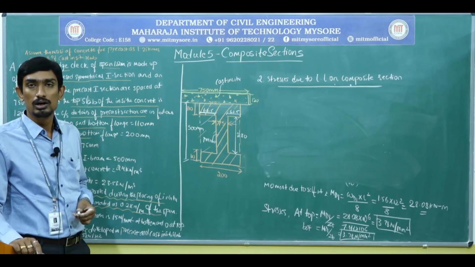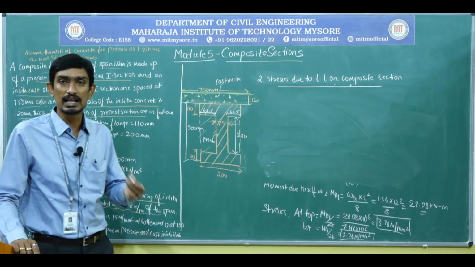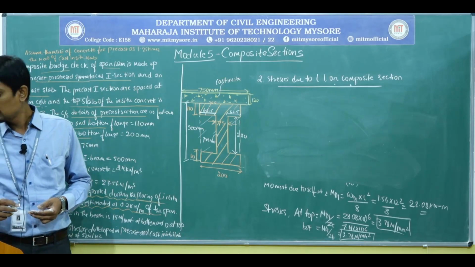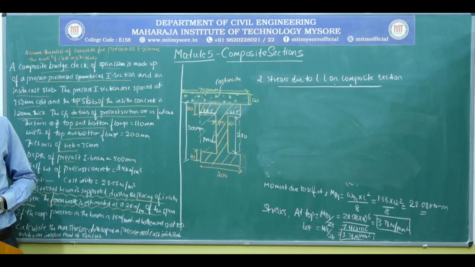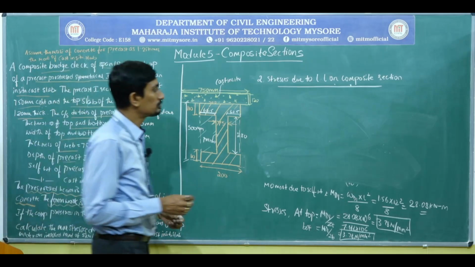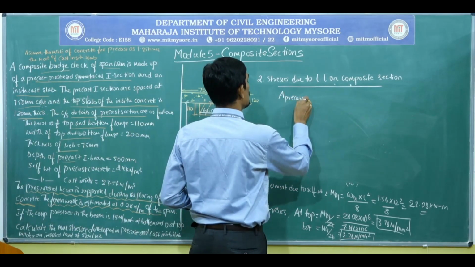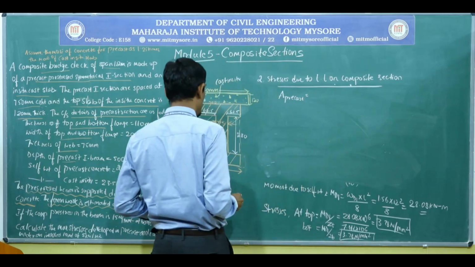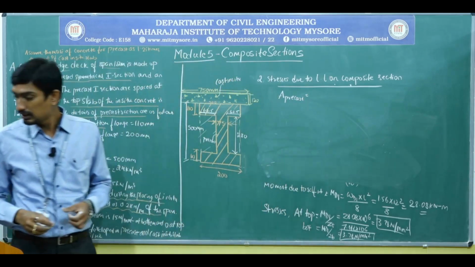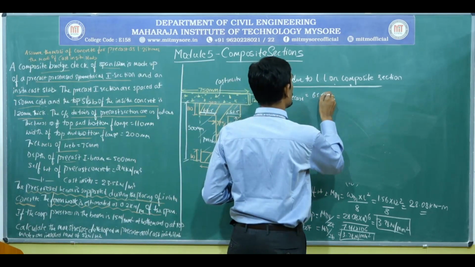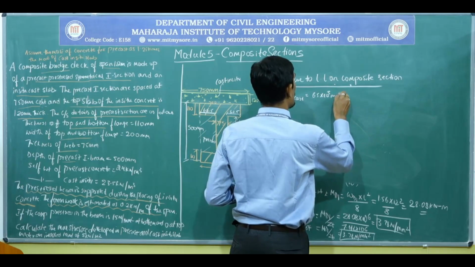Now the change in the problem or change in analysis will come here. As usual, first you calculate the area of cast in situ slab and the area of precast. So separately I will calculate. Area of precast, anyway it is not required, but I will calculate this. We already calculated area of precast is 65 into 10 to the power of 3 millimeter square.